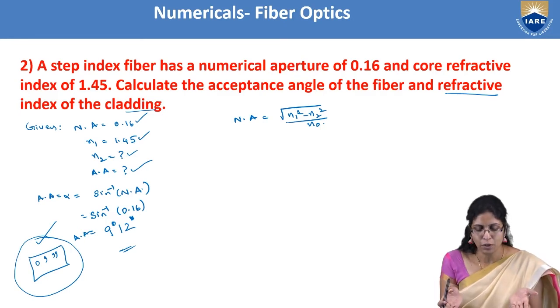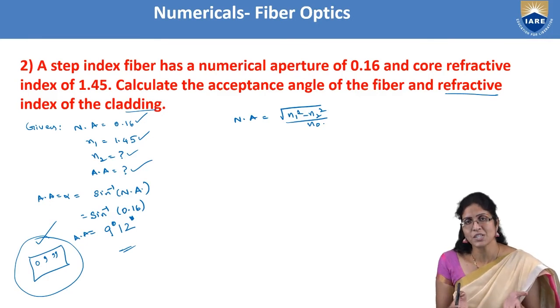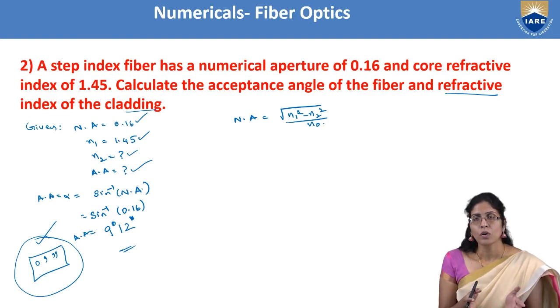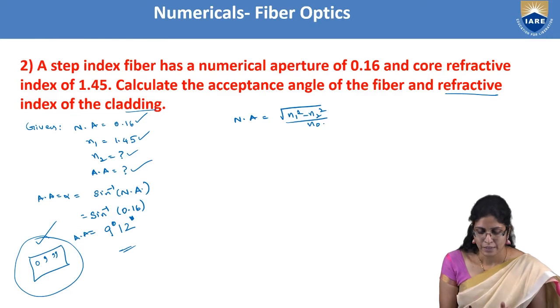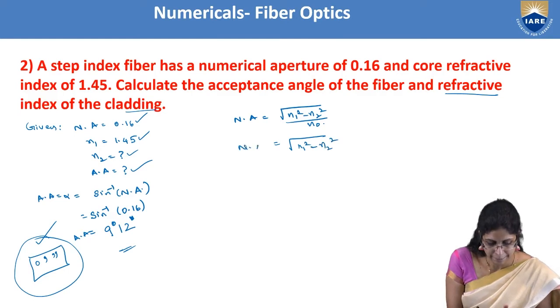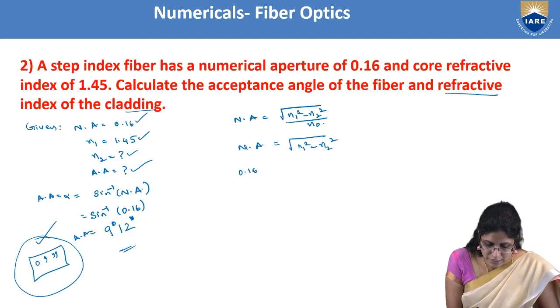So for this formula, we are not given any media, so the medium of propagation, or medium of launching of the signal, N0 is 1. If N0 is 1, you end up with square root of N1 square minus N2 square as the numerical aperture. Now you have the numerical aperture as 0.16.